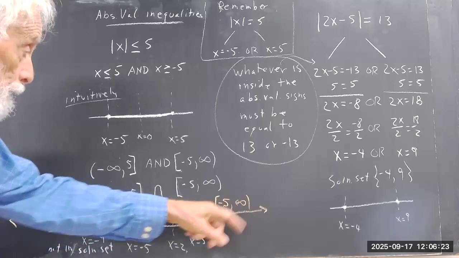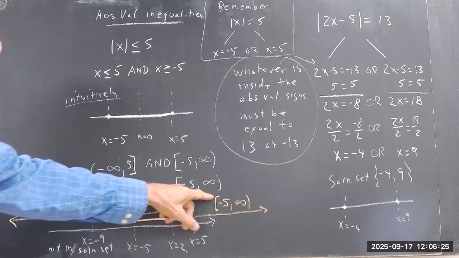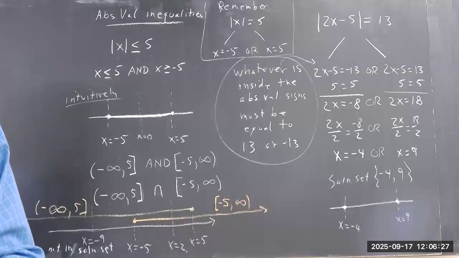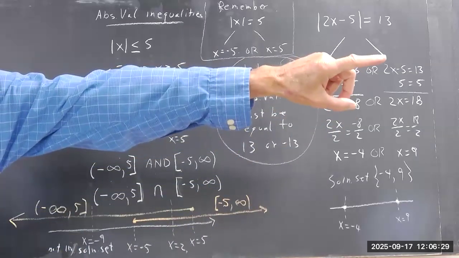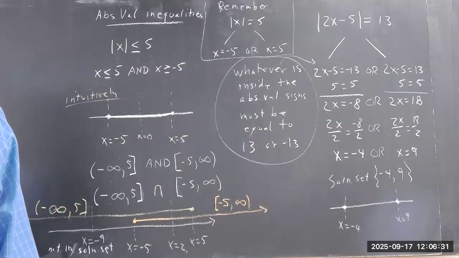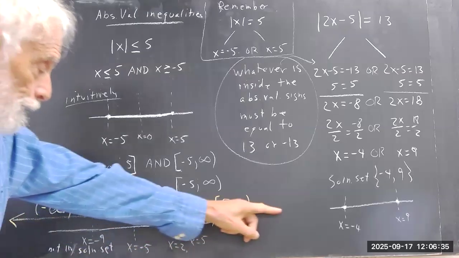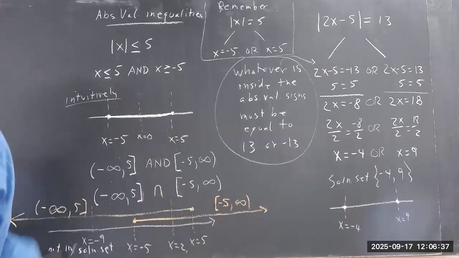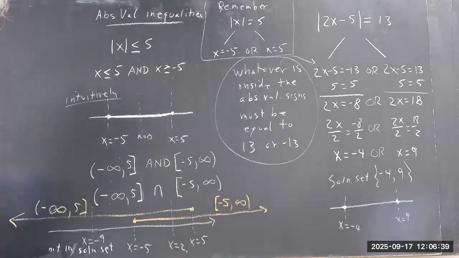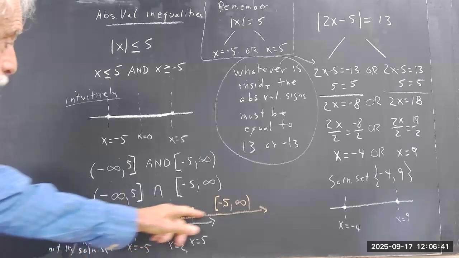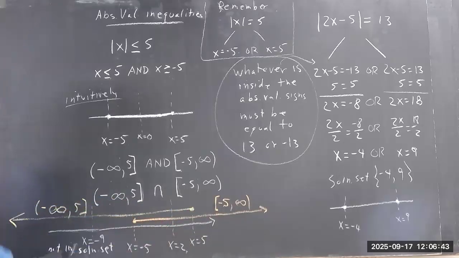Well, is 2 between -5 and infinity? If you start at -5 and go to infinity, you pass 2. You sure do. I mean, here's -5. You're going to infinity. There's 2. Okay? And 2 is in both the yellow and the orange set.